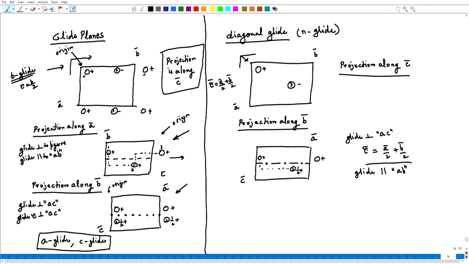Now, one final example of a glide, which is called the diamond glide. So, the diamond glide is also called a D glide.